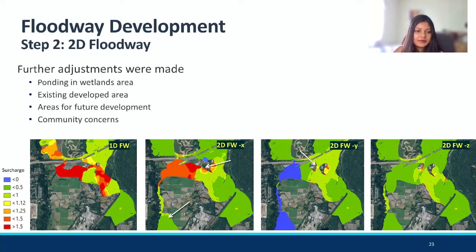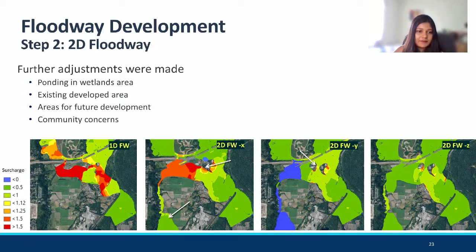floodway that we derived. The first figure you can see to the left, that shows the surcharges. Anything with yellow, orange, or red is a surcharge of more than a foot. And you can kind of see all these spots right upstream of the highway on the left side.